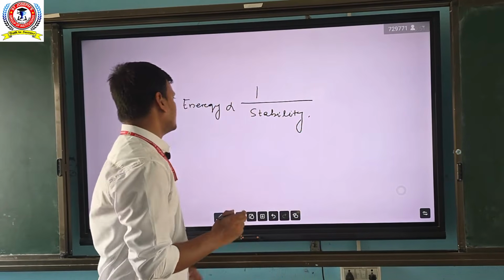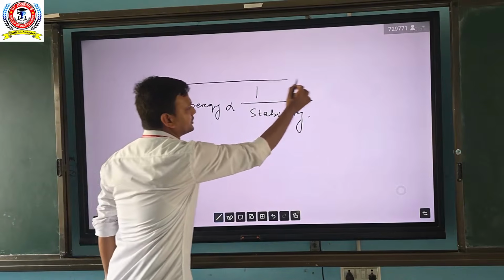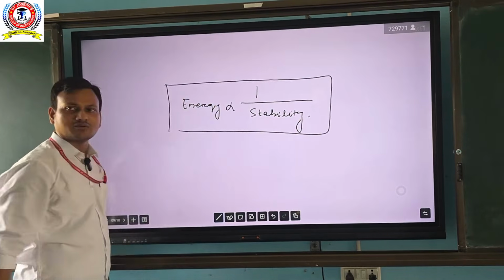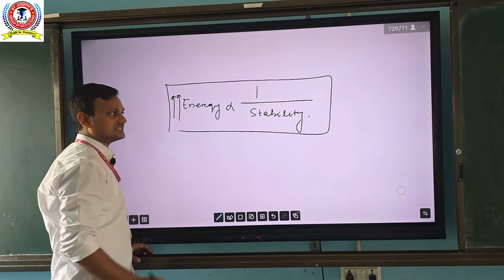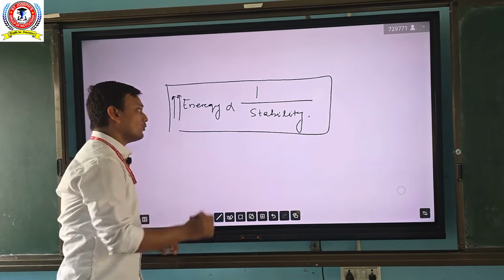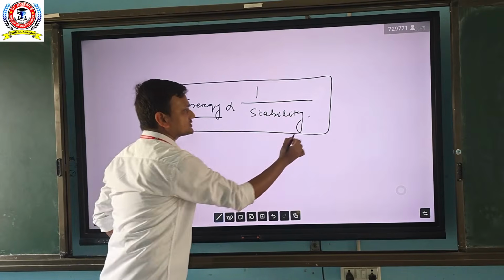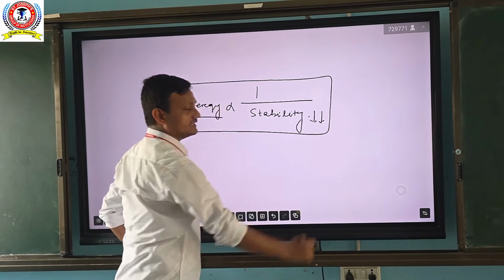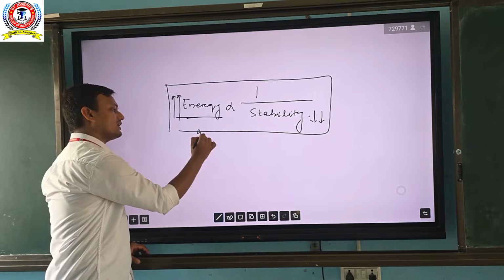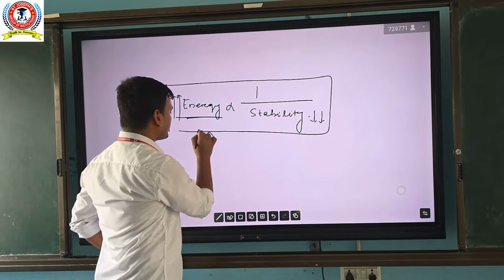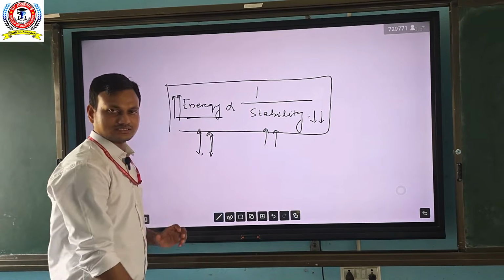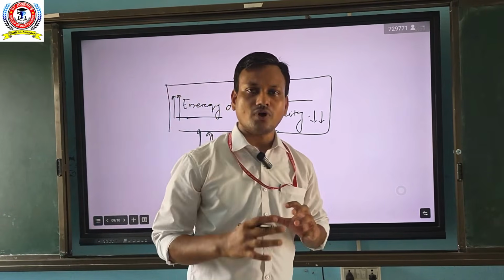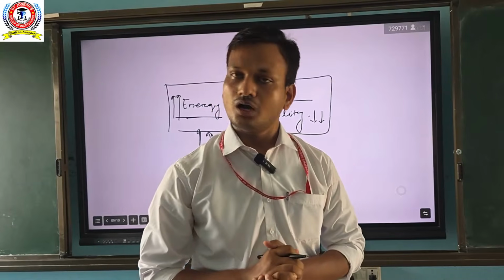That means there is an inverse relationship between energy and stability. When the energy increases, the stability decreases. When the energy decreases, the stability increases. That means everybody wants to stay in a stable form.